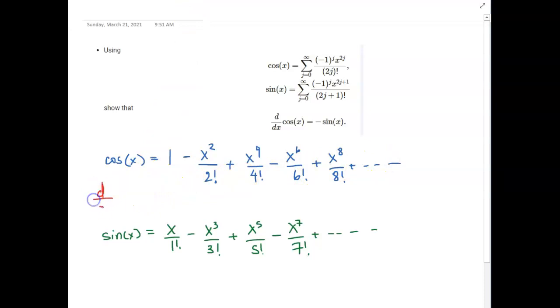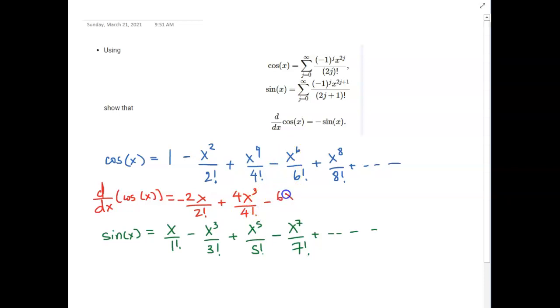So if I do d dx of cosine of x, the derivative of 1 is 0. Derivative of this is 2x over 2 factorial. Negative, the derivative of this is 4x cubed over 4 factorial.